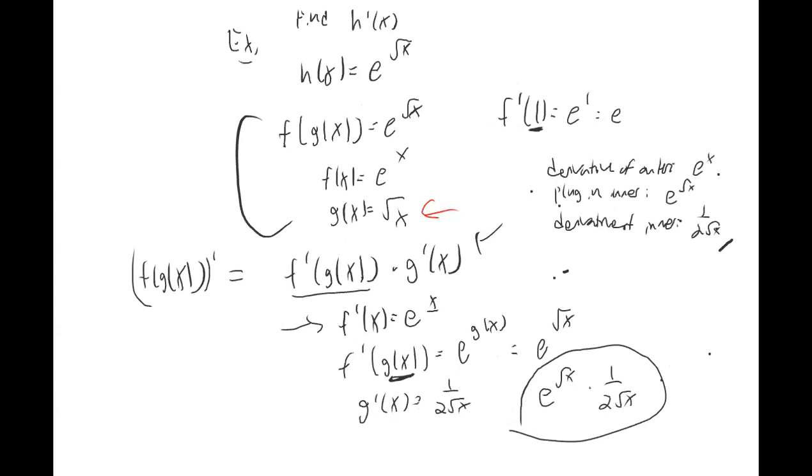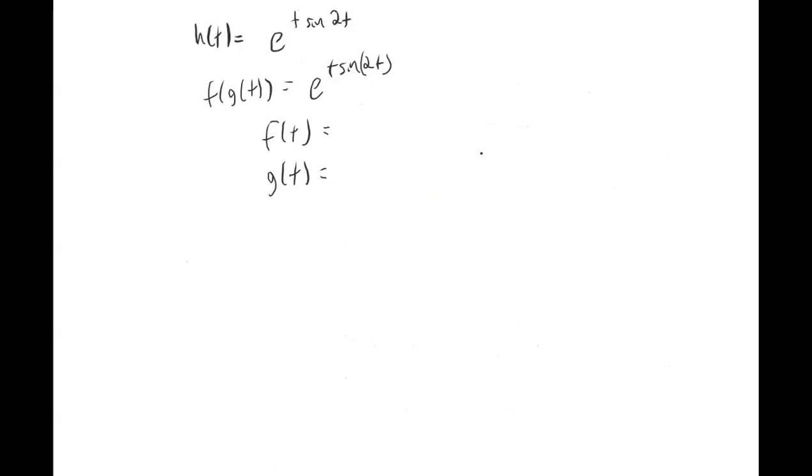So what is the main operation that's happening here? That should be your outer function, whatever's happening on the outside. Good. e to the t, right? And you don't really have an option.